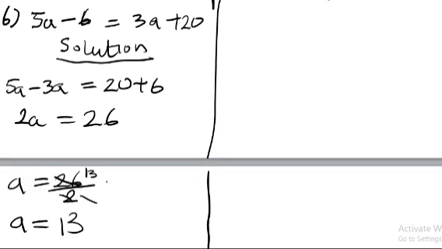Next example, the B part. Let's have 11 minus 3e equal 2e minus 19.